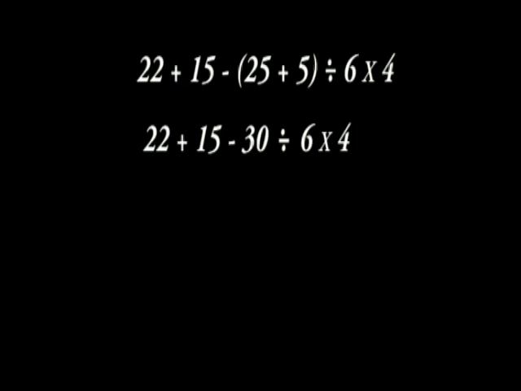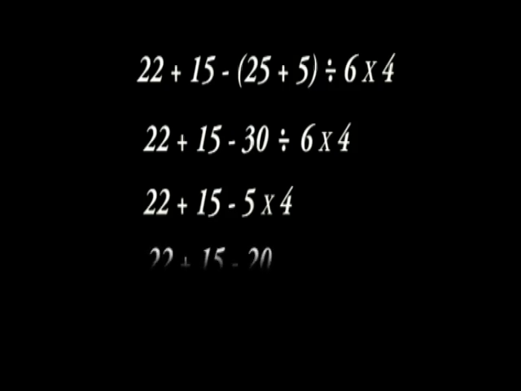So we have 22 plus 15 minus 5 times 4. Multiplication follows and we have 22 plus 15 minus 20. Addition and then subtraction will yield the answer as 37 minus 20, which gives us 17.